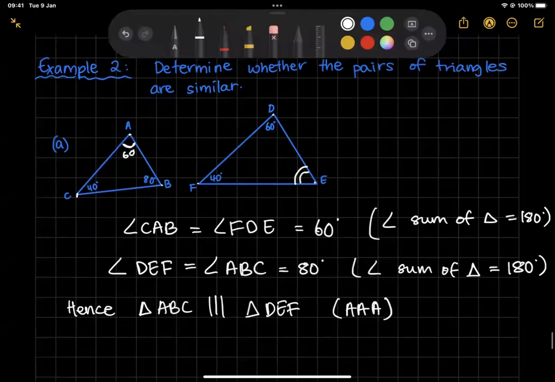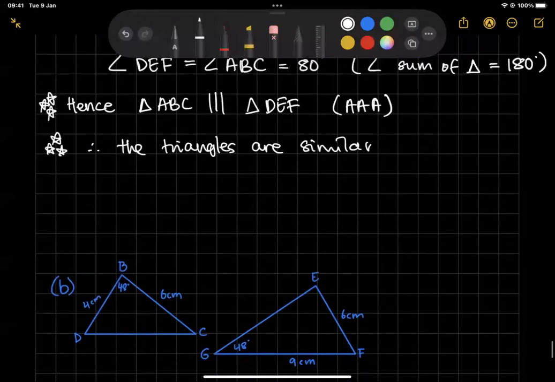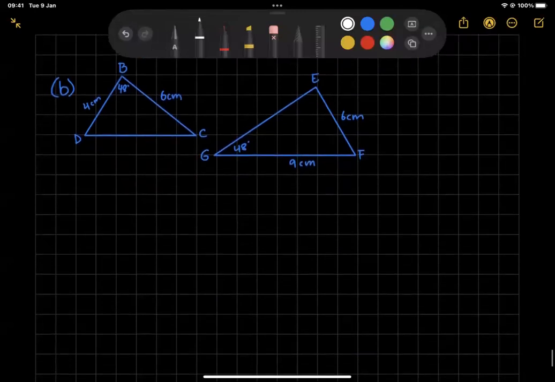Therefore, the triangles are similar. We need to have these statements here, whether that is proving if it's congruent or if it's similar.